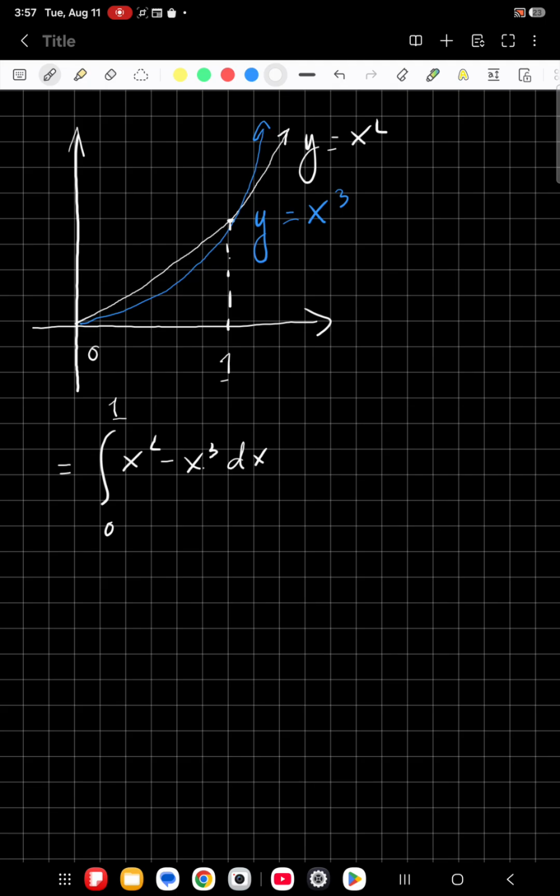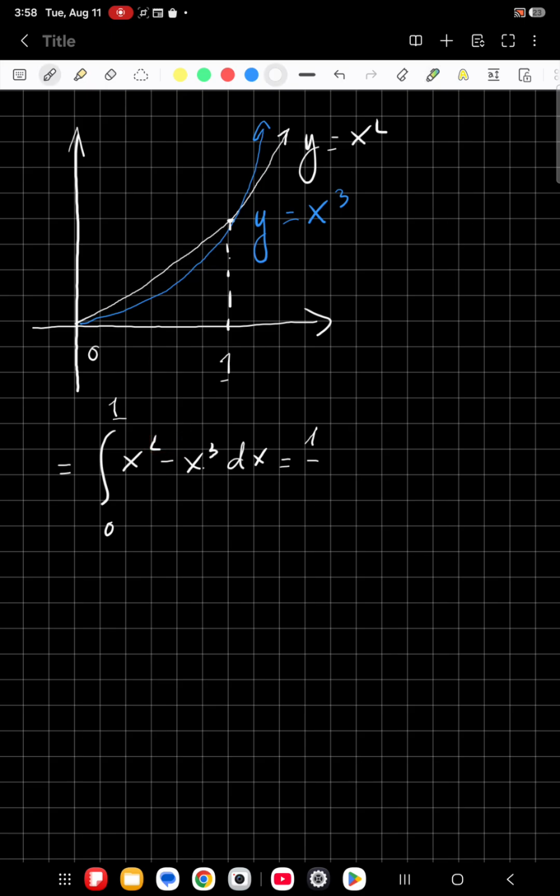Okay, so we just do those two integrals separately. In other words, let's actually do it without putting that integral there. So the integral of x squared: I add 1 to the power, and then that 3 goes into the denominator.